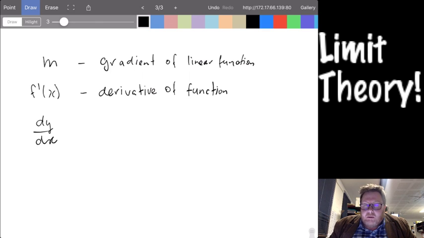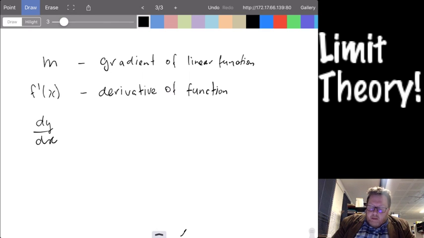So little dy by little dx is like saying a small change in y for a small change in x. And that's basically what f of x plus h minus f of x is. That's the change in y, and x plus h minus x is the small change in x. So we can use dy by dx, and that's how you say it, dy by dx.